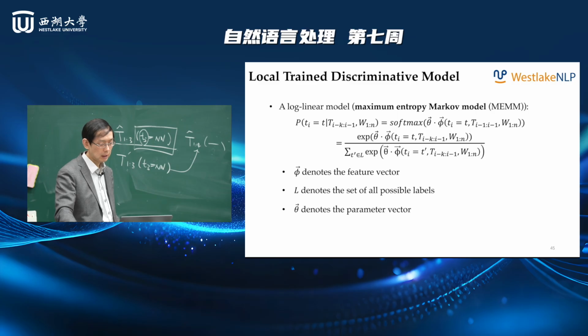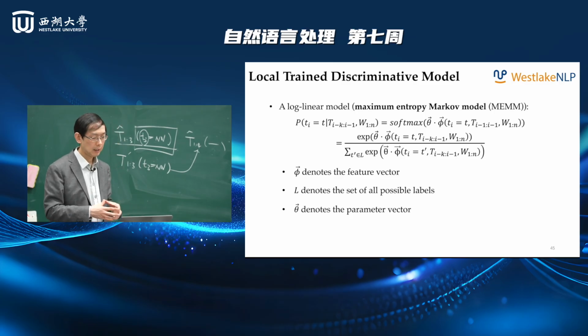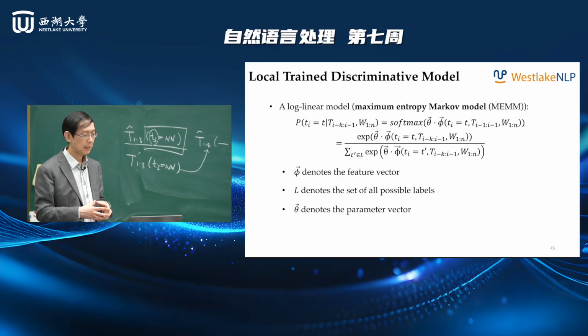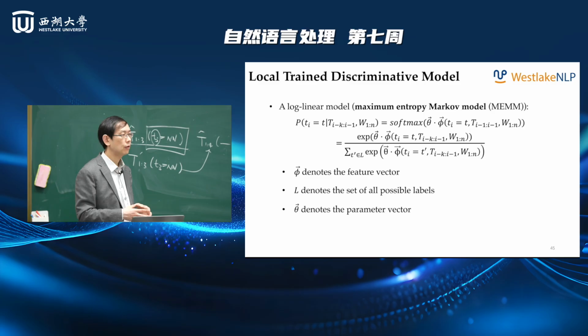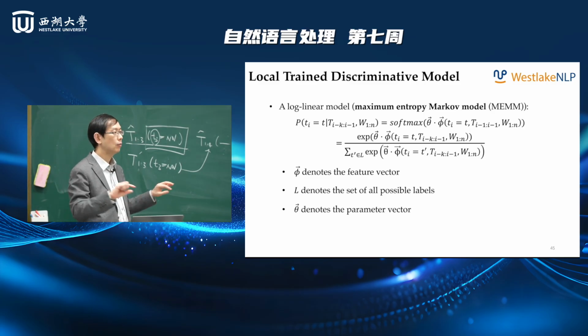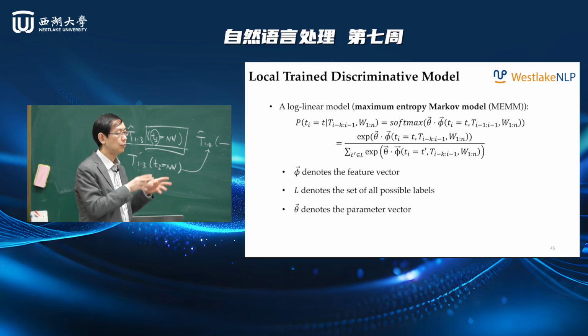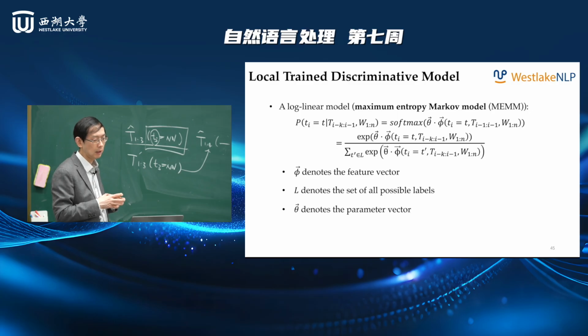So P of t_i given the previous k minus 1 tags and the word sequence is equal to just softmax theta dot phi. But now the phi is extracted not from a 5-word window and the current tag, but from all the words in the input and the previous k minus 1 tags as well.